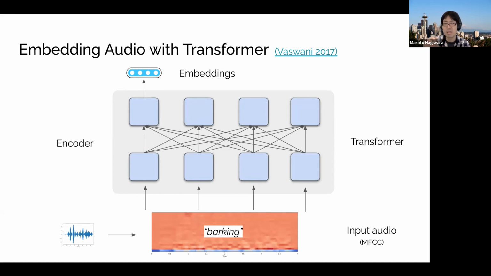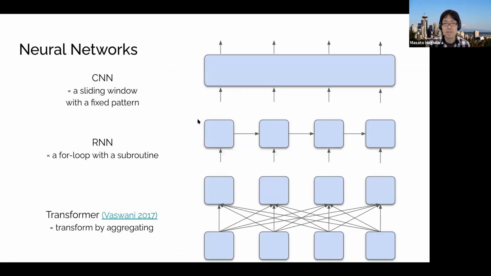This is called self-attention. But the point is, this is a new kid on the block for these neural networks. The transformer just looks at everything. No loops, no pattern matching. It looks at everything and it aggregates and transforms. And you just repeat this again and again to come up with a nice transformation of the input.